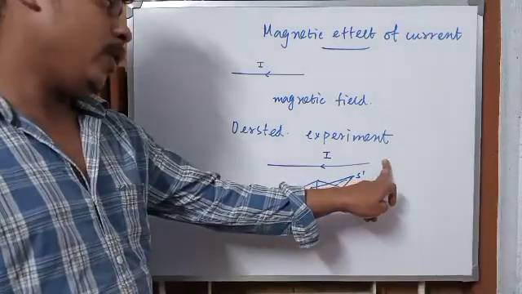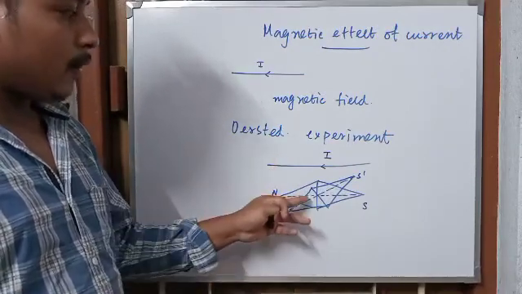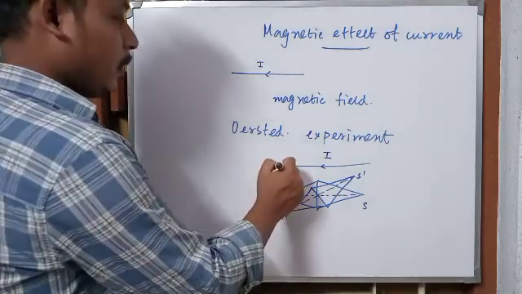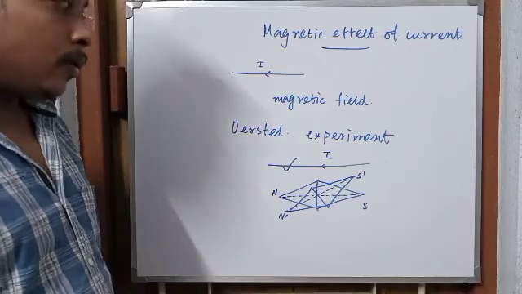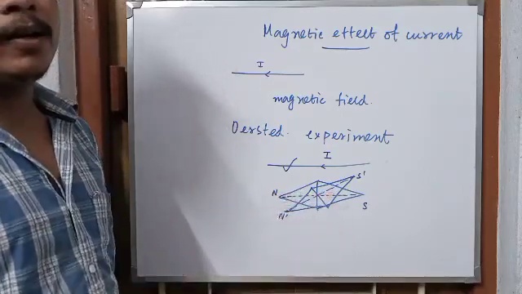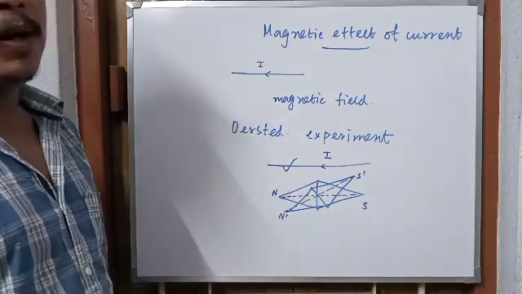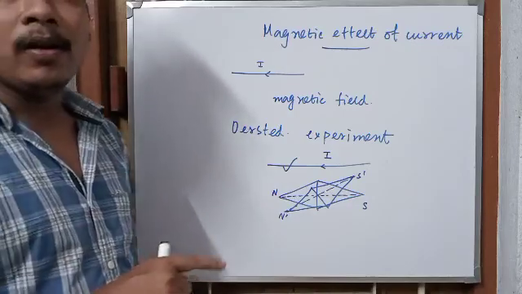As we flow a current I, the needle deflects. That is, this current carrying wire creates a magnetic field, which affects the previous magnetic field created by the compass. So from the Oersted experiment we can say that a current carrying wire creates a magnetic field surrounding it.